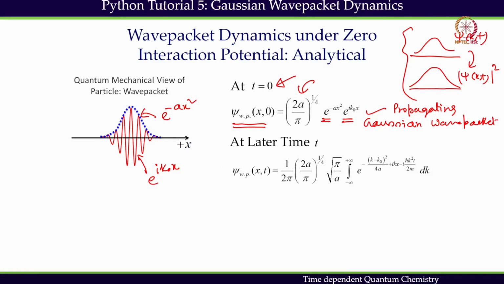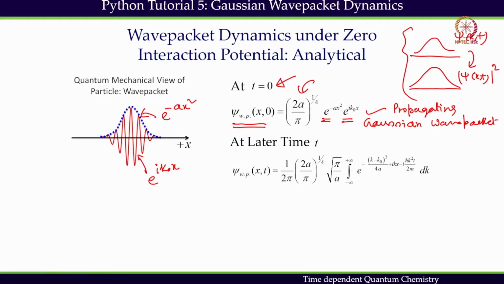Normalization will be constant, and that's a good thing, because every time we have to confirm that at any given time the total probability of finding the particle from minus infinity to plus infinity has to be 1, because I have a single particle which is moving.